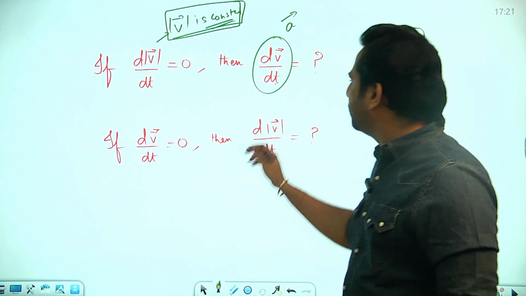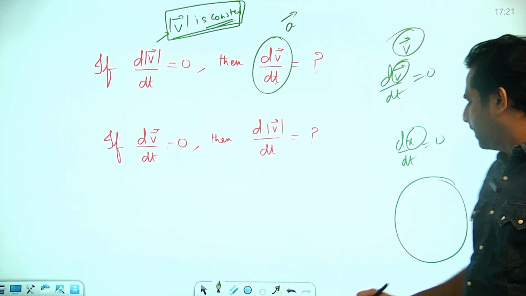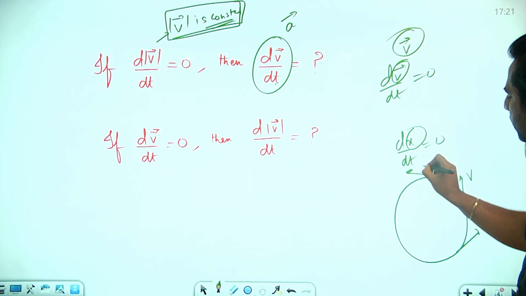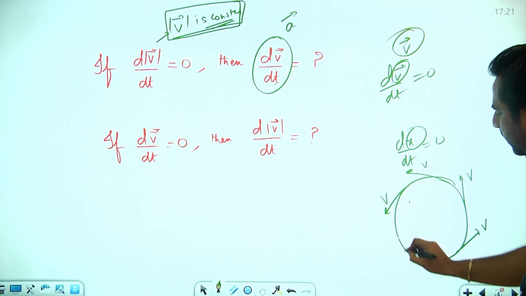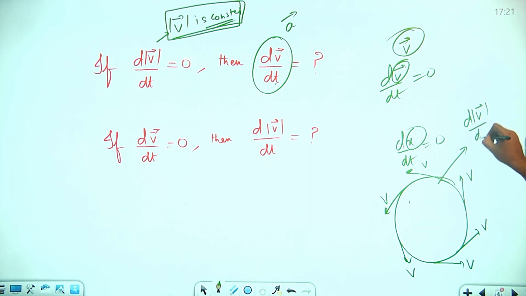The best example is uniform circular motion. At every point, the magnitude of velocity is v. The speed does not change, but the direction is continuously changing. So uniform circular motion is a case where d mod v bar by dt is 0 because speed is not changing, but dv bar by dt is not equal to 0 because the direction is changing.